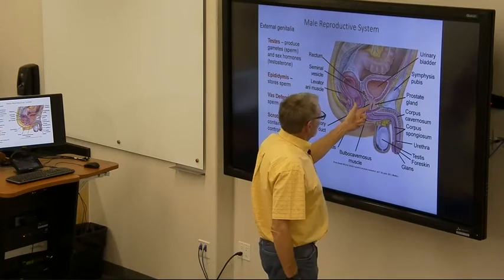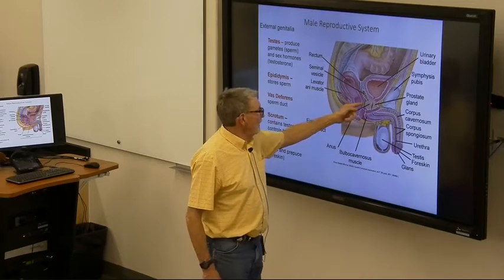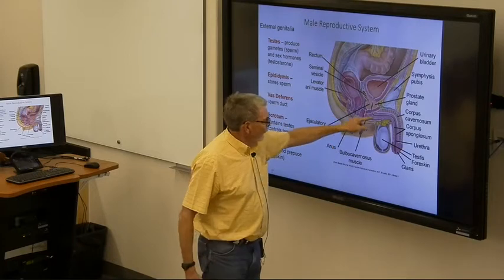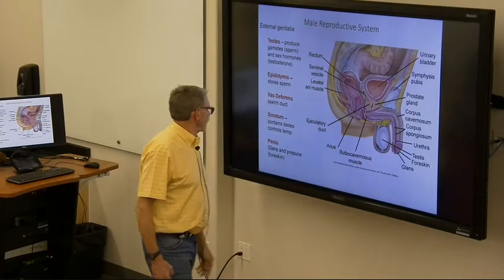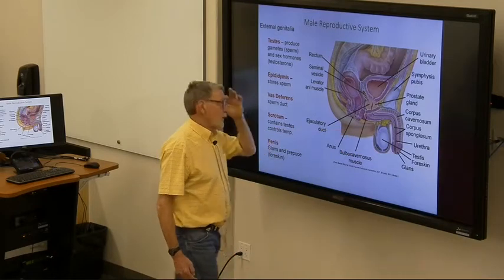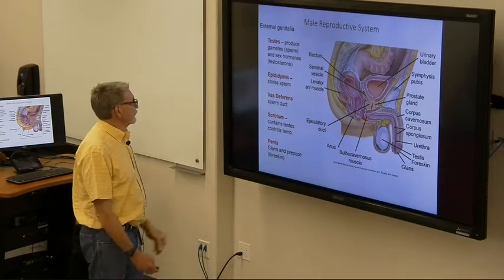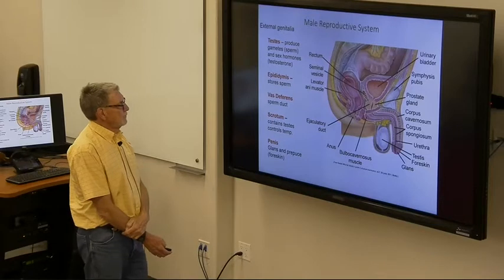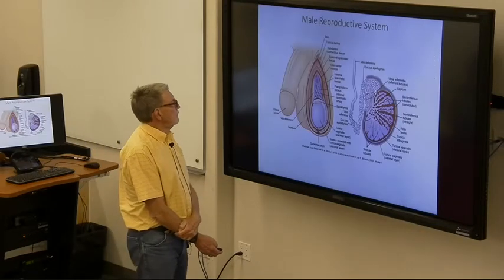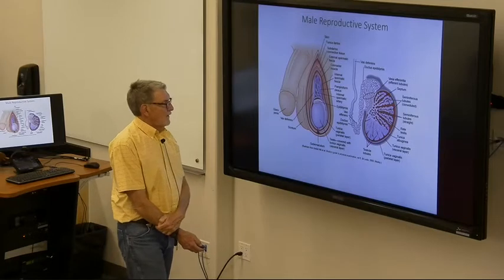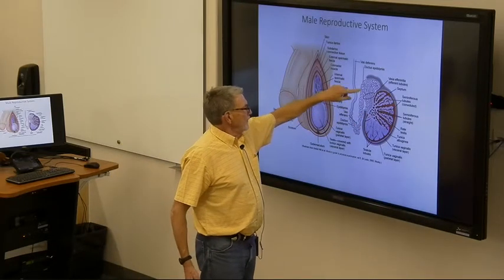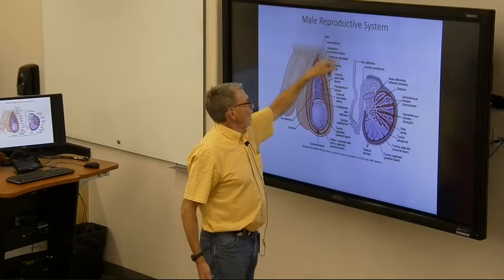Then it goes through part of the prostate, joins the urethra, and then exits through the urethra. Scrotum, the bag holding the testes. Seminiferous tubules, epididymis, and vas deferens.